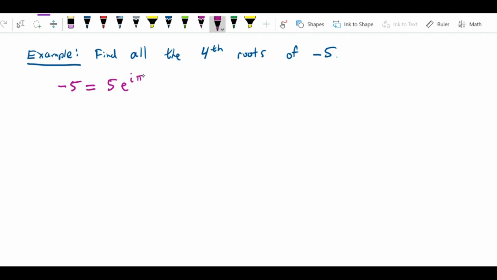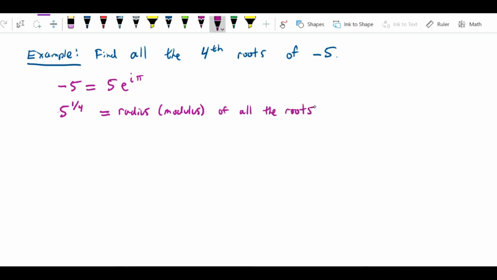So the first thing we want to do is find the positive real fourth root of 5. All we can really say about that is that the positive fourth root of 5 is just 5 to the 1/4. That's as good a way as any to write the positive real root of 5. This is going to be the radius, or we'll also call it the modulus, of all the roots.